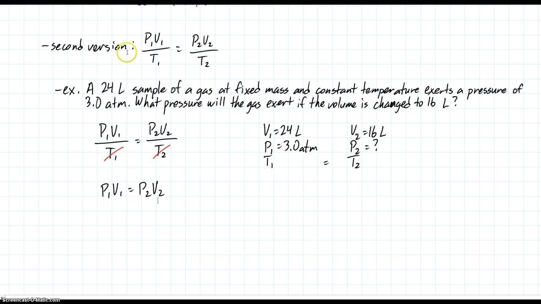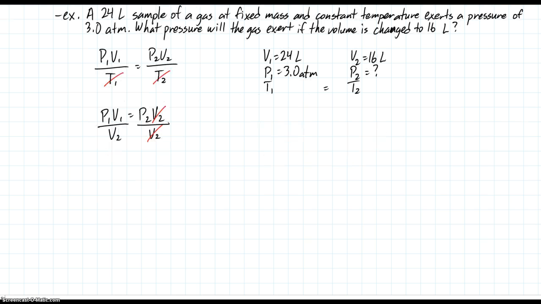We're looking to solve for P2, so divide both sides by V2. And so P2 equals P1 V1 over V2, or plugging in the values that we've been given, we have 3.0 atmospheres times 24 liters all over 16 liters.